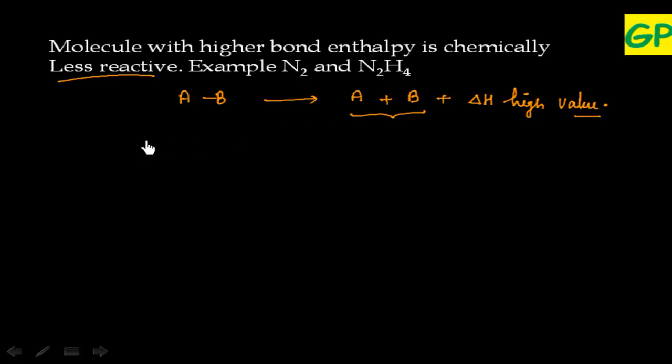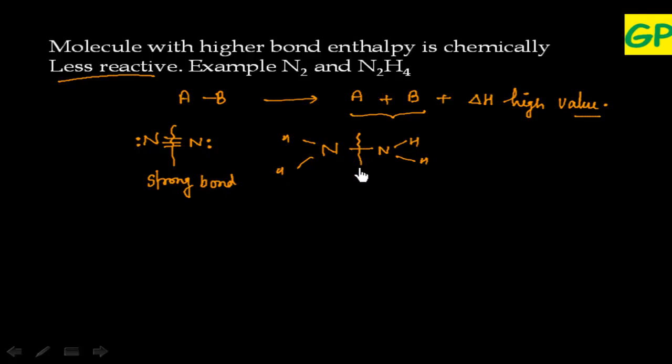Let us see an example. If I have a nitrogen molecule, N2, and this molecule is N2H4. In N2, this bond is a strong bond, a triple bond, and a triple bond is always stronger than a nitrogen-nitrogen single bond.